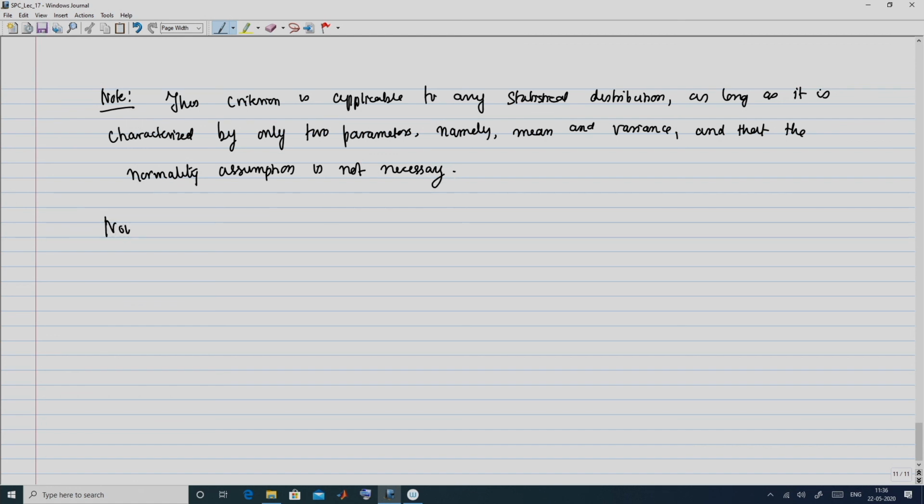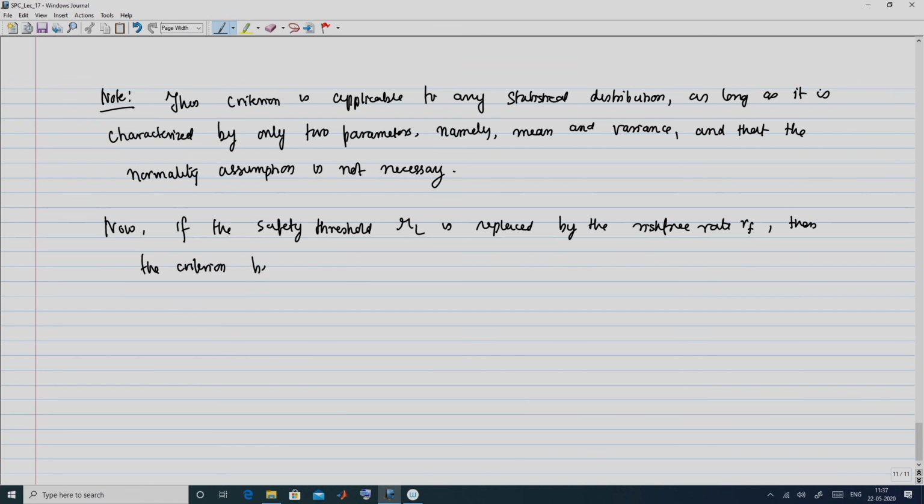Okay, so I want to conclude with one last observation, considering a particular case of the safety threshold R_L being replaced by the risk free rate R_f. Then the criteria becomes maximization of (E(R_p) minus R_L) over sigma_p.